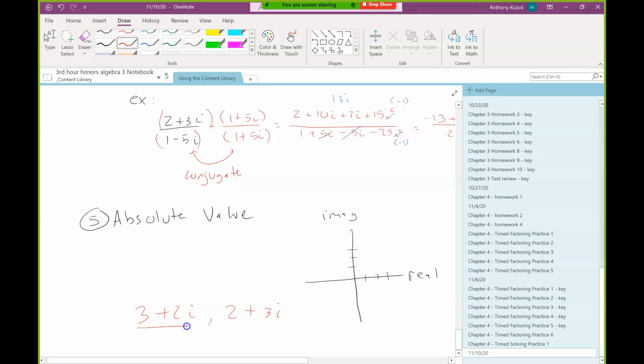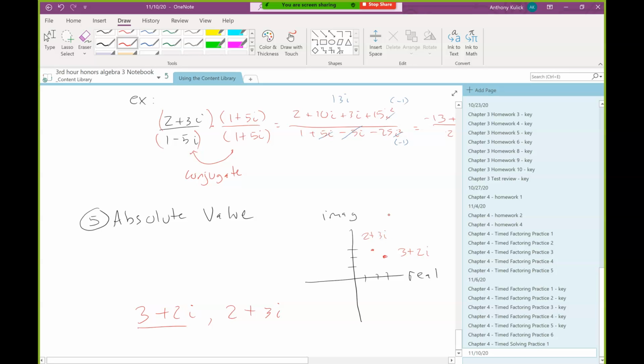And so I go 3 over and 2 up. If I wanted to do 2 plus 3i, okay with that? So instead of a number line, because there's two components to it, I need a plane. Everybody's okay with that notion?